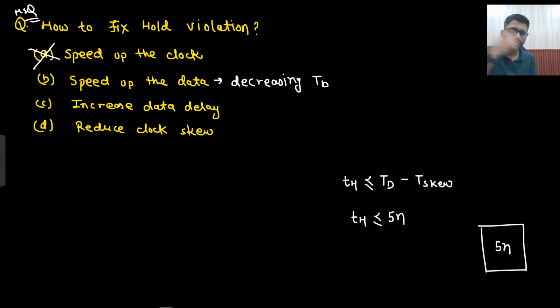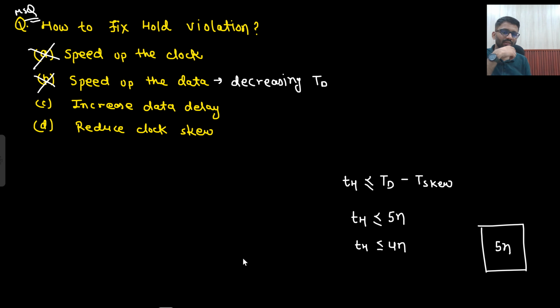Decreasing TD. Speed up the data means decreasing data delay. So if that is decreased, then what will happen? This value will go down. Now it is saying that maximum hold time you can have is 4 nanosecond, but you designed it for 5 nanosecond. Are you happy? No.